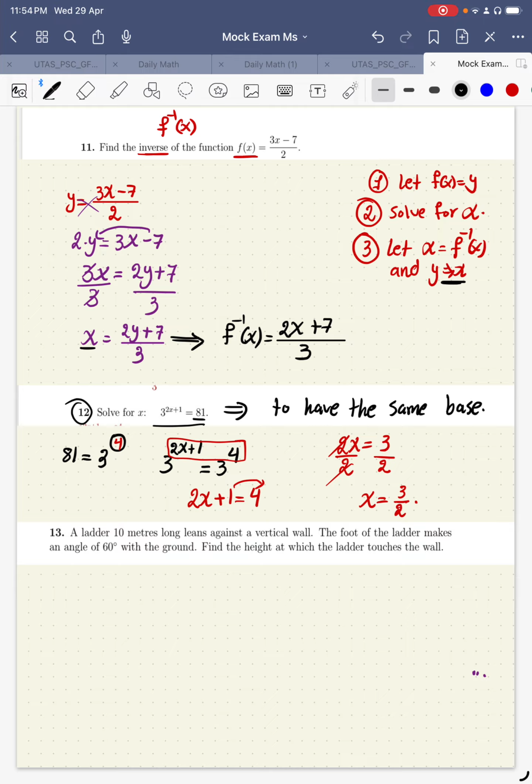We visualize, or draw, the situation. So what I'm gonna have, first I'm gonna have a ladder which is 10 meters.